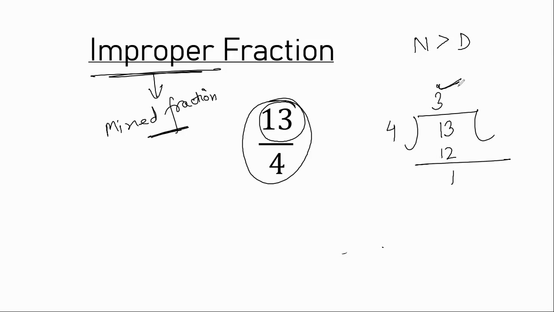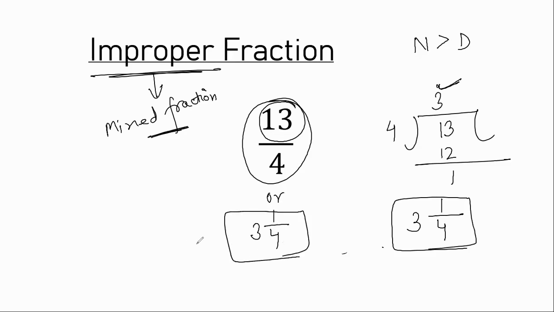Whatever the quotient is, I write it in between, the remainder above, and the divisor in the denominator. So we can convert 13 over 4 into a mixed fraction, and write it as 3 whole 1 by 4. This is the mixed fraction form of this improper fraction. Always remember that you can convert an improper fraction into a mixed fraction, but you can't convert a proper fraction into a mixed fraction.